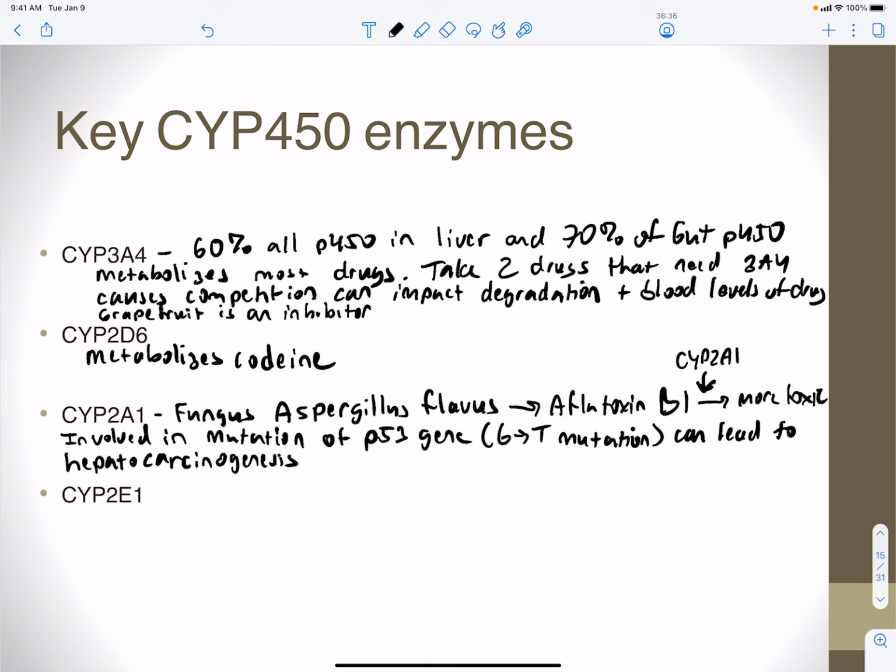So basically, you have activation of your aflatoxin B1 into an 8,9 epoxide by the P450s, and the epoxide is modifying your DNA by forming adducts with guanine residues.